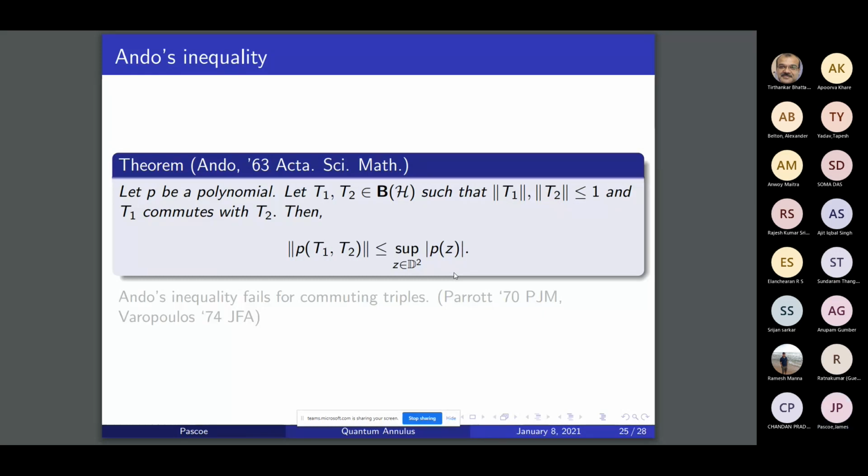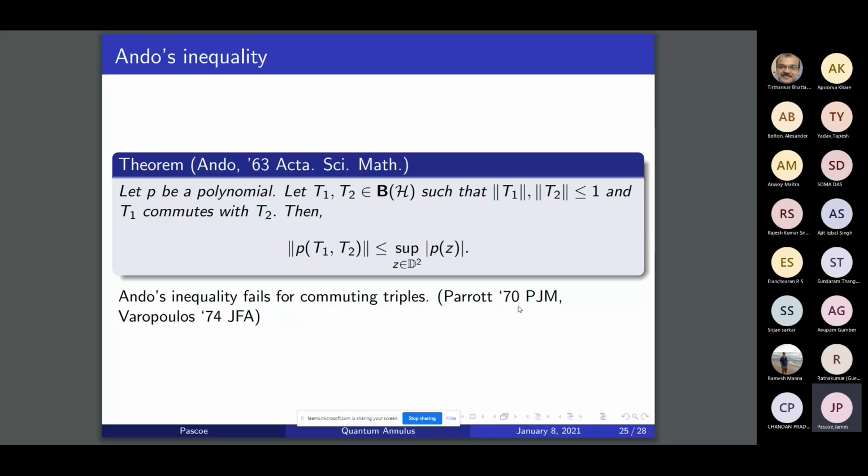So if you have pairs of commuting matrices, then the norm of this has to be less than or equal to the norm over the bidisk. It's interesting that the analogous inequality fails for commuting triples, and therefore it fails for anything more than two commuting operators. And you can just find rinky-dink examples.